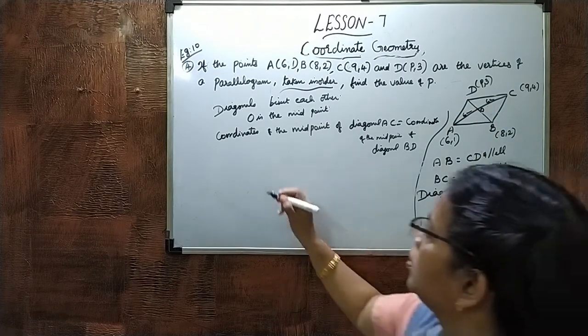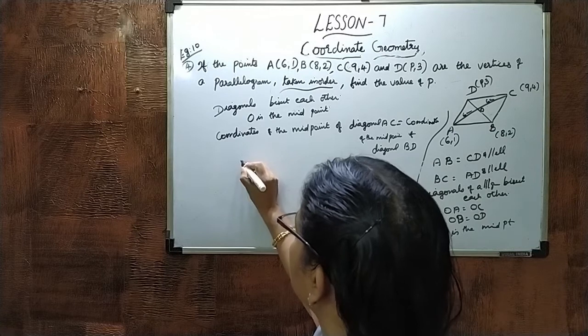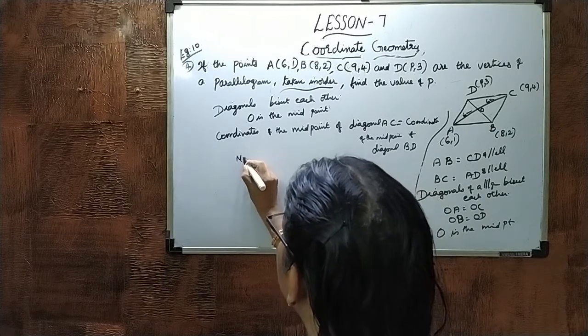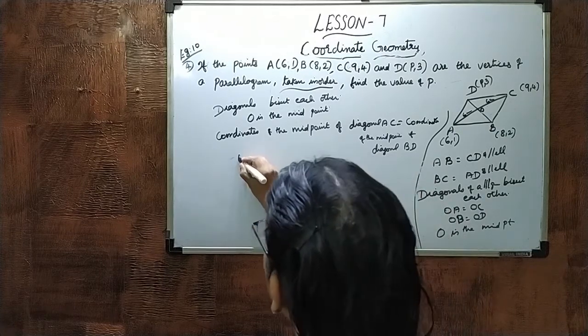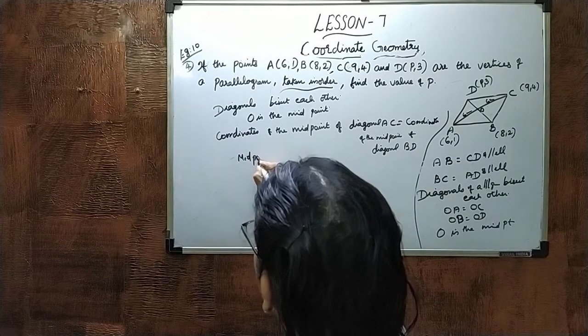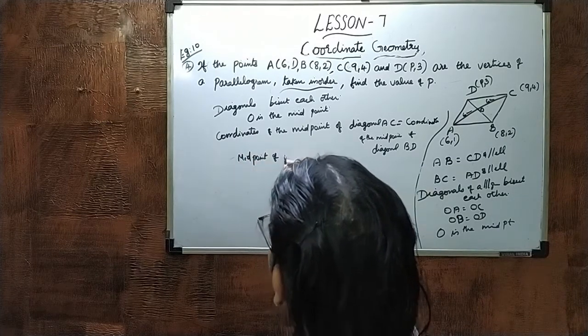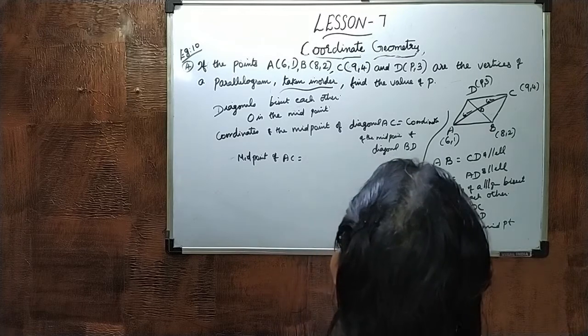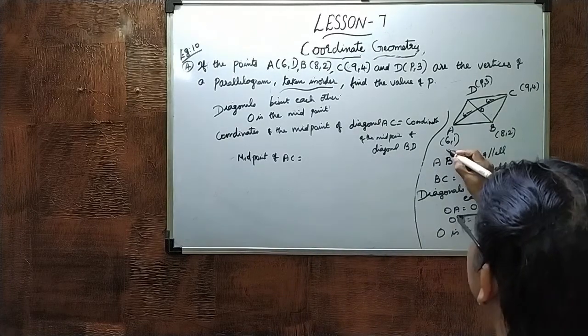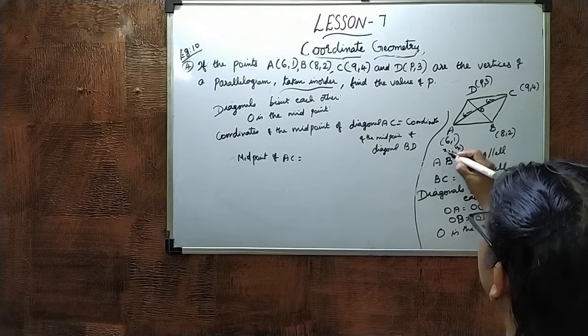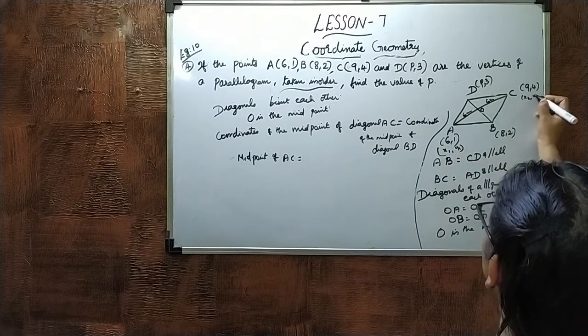Okay. Now we'll find out the midpoint. How will you find out the midpoint? Midpoint of diagonal AC. So there we can write midpoint of AC equals, what is x1? AC means here it is x1 y1 and then here it is x2 y2.